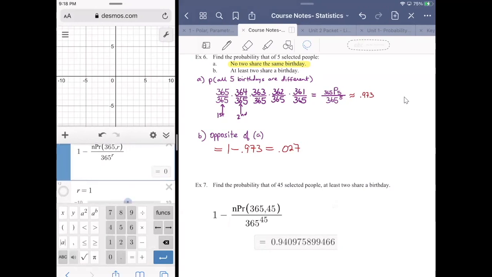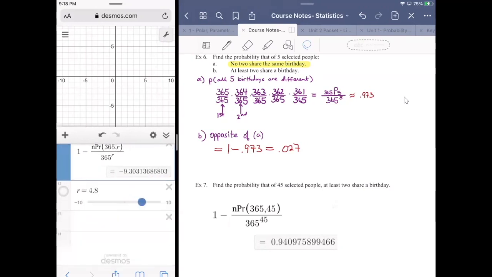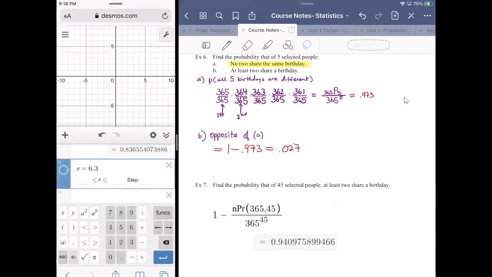I can slide my slider, make it start at 0, go to 400, only go by ones.